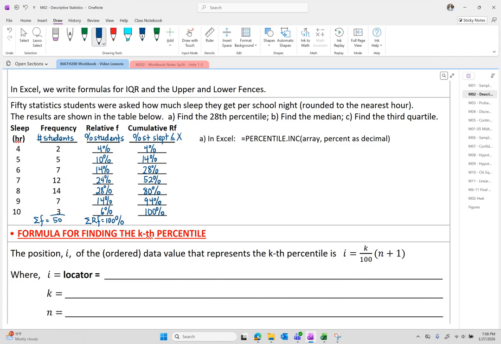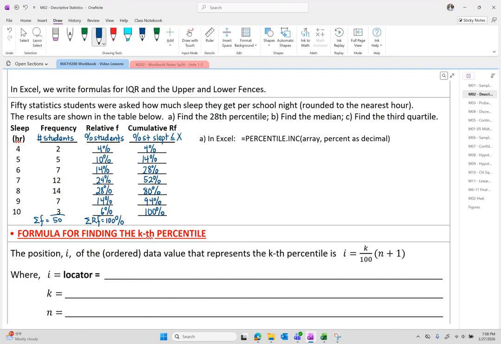If I'm asked to find the 28th percentile, I need to find the value of the data such that 28% of the data, 28% of the students said that they slept this much or less, and the 72% this much or more.